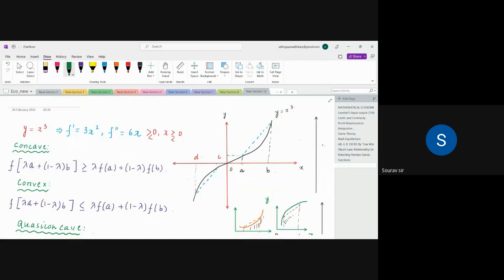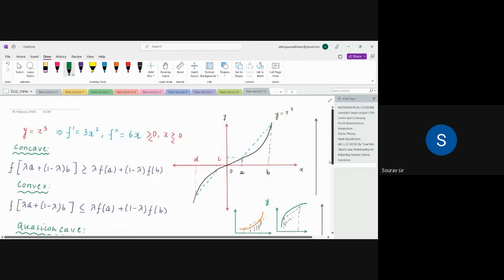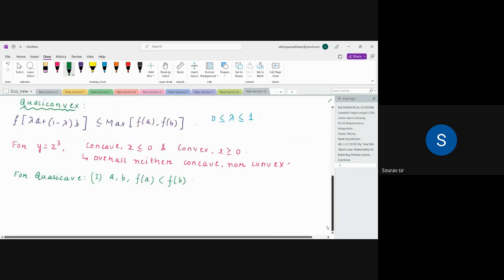In that case, what you can see? What is the definition of quasi-concavity? The functional value at any point in between should be greater than or equal to the minimum of these two. What is the minimum of f(a) and f(b)? It is f of a, right? So you can see that this is holding for this positive part, because no matter which point you take in between a and b, the functional value will always be greater than or equal to f(a). Let me write this part.